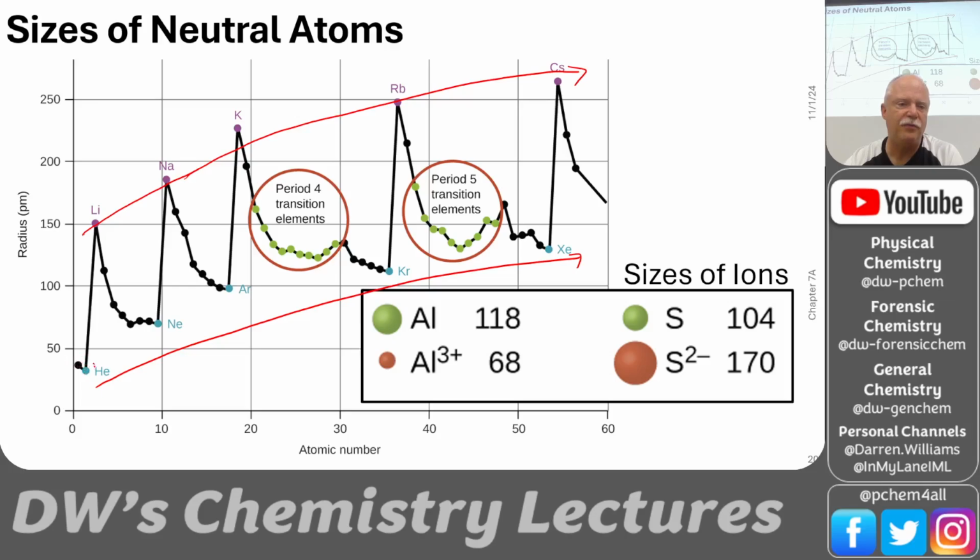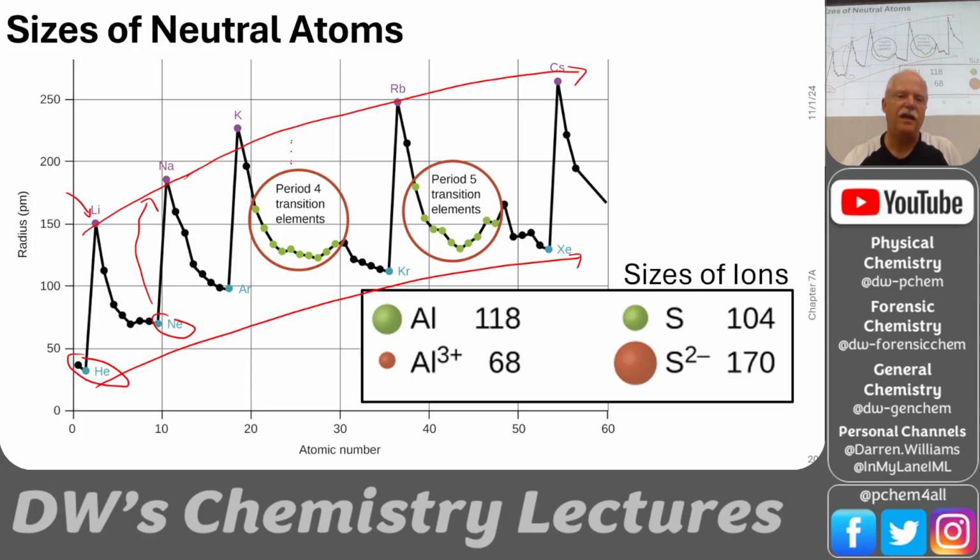So you've got the fully filled subshell of helium, and then you put in the 2s. You have a huge jump in size. I mean, a 3 times jump in size. Then you get to neon, and then you go to sodium, and you get a huge jump in size. So as you add those shells, they get bigger and bigger and bigger.